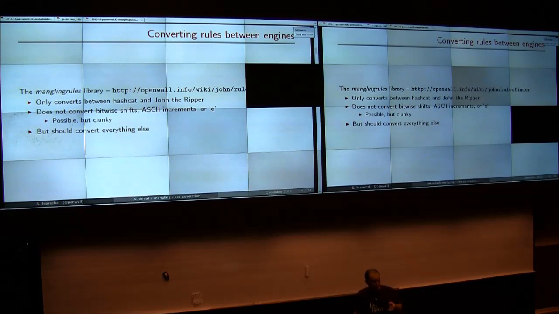It's actually possible to emulate them, but it would be a very long rule, so I did not do it. It should convert everything else, and that's important because I then benchmarked several rule sets from hashcat, and some of the rules would not be converted. I do not believe they were very effective, but I might be wrong.